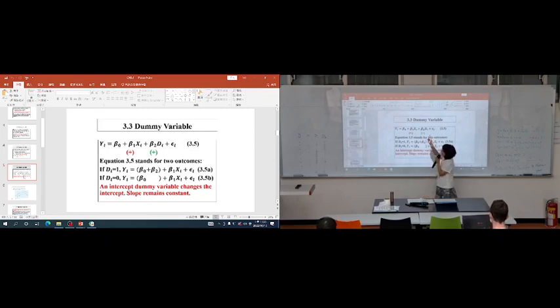The coefficient of this dummy variable affects only the intercept, since when d equals 1 the intercept becomes this, and when it equals 0 the intercept remains as before. So actually this is the difference between the intercepts of these two groups.